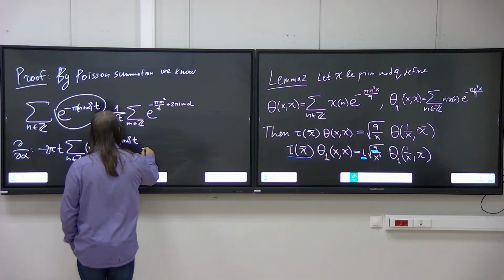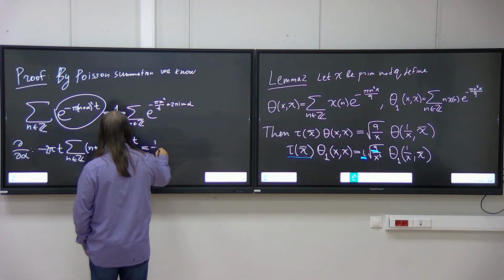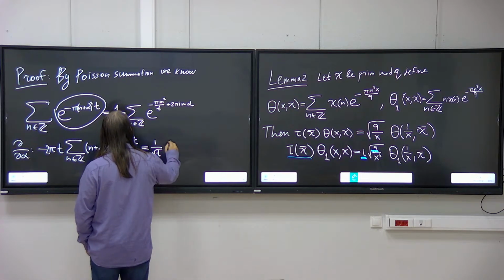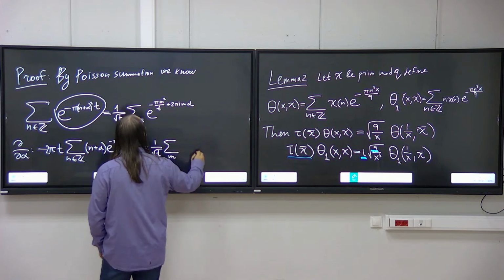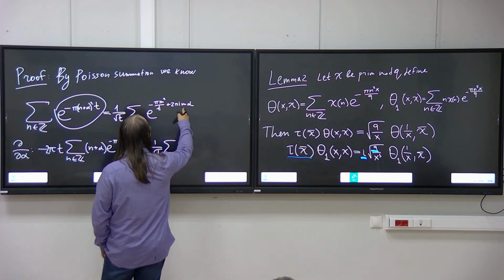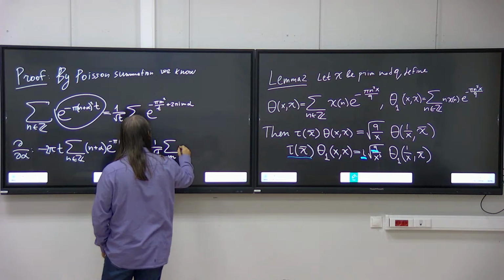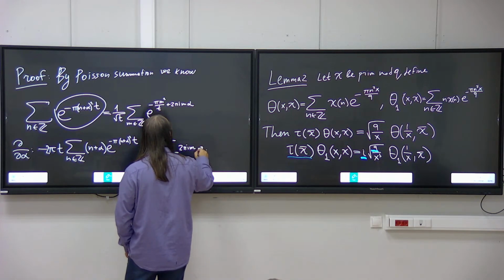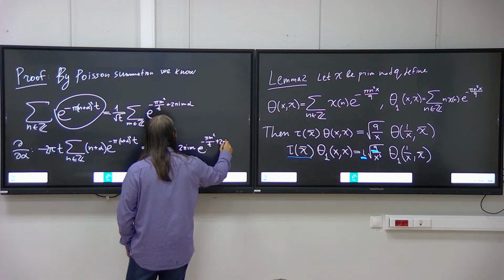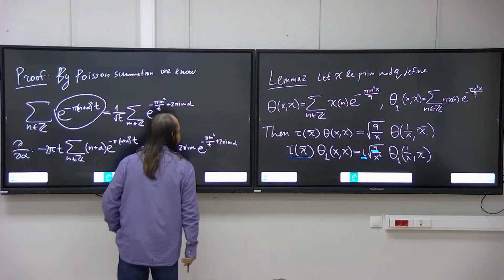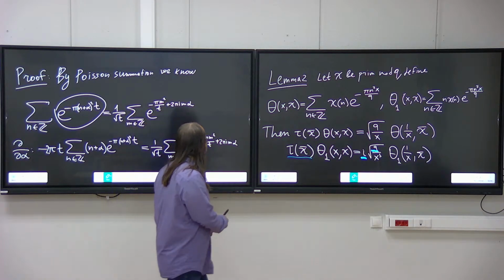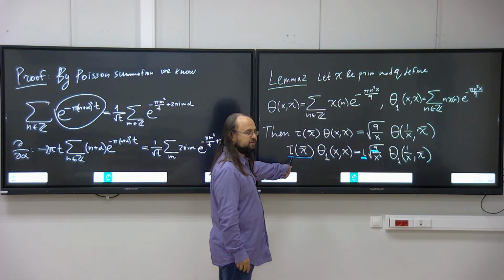And this is going to be equal to 1 over square root of t, sum over all m. Here you get 2 pi i m, e to the power minus pi m squared over t, plus 2 pi i m alpha. And I would like to prove this identity.